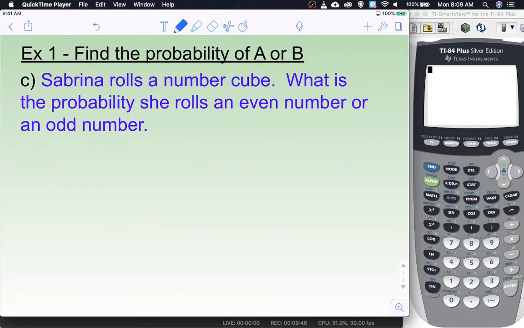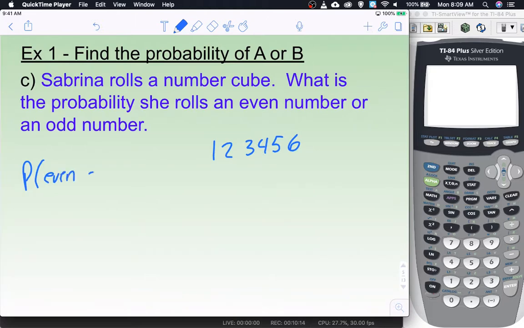Letter C. Sabrina rolls a number cube. That's a dice. What is the probability she rolls an even number or an odd number? Why don't you go ahead and pause the video and do that one right now. All right. So 1, 2, 3, 4, 5, 6. If I can list out my probability, my choices, my chances very quickly, I will.